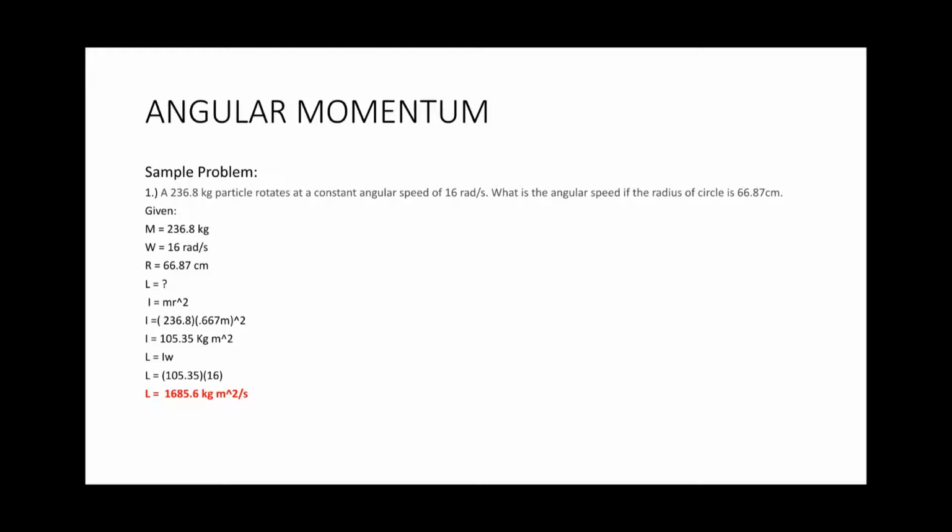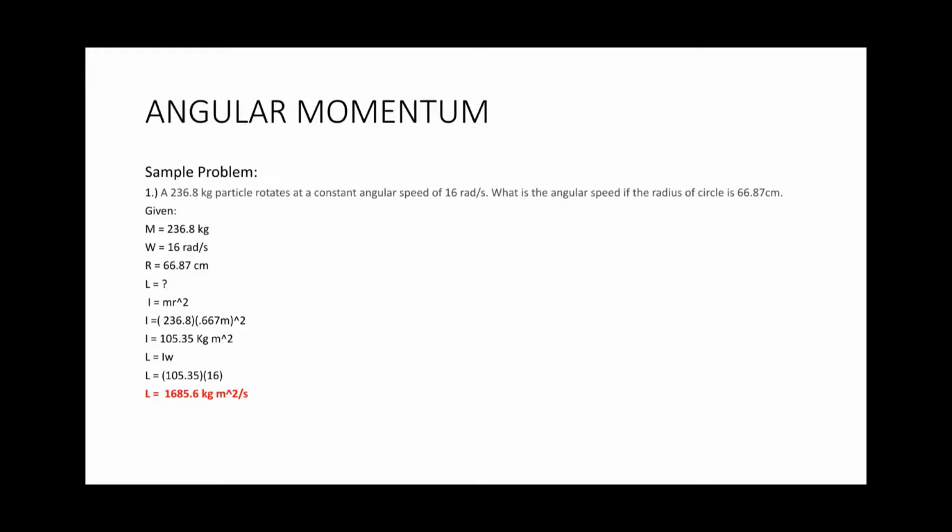That's 236.8 multiplied by 0.667 meters squared. 0.667 meters was originally 66.87 cm. 236.8 multiplied by 0.667 meters squared is equal to 105.35 kilogram meters squared. And to get the angular momentum, we will multiply the moment of inertia by the angular speed.